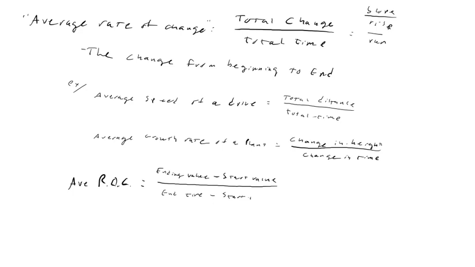In a formula, this would be f of b minus f of a over b minus a, which is exactly the slope formula, like y2 minus y1 over x2 minus x1. These a and b are your x values, and the f of a and f of b are your y values.